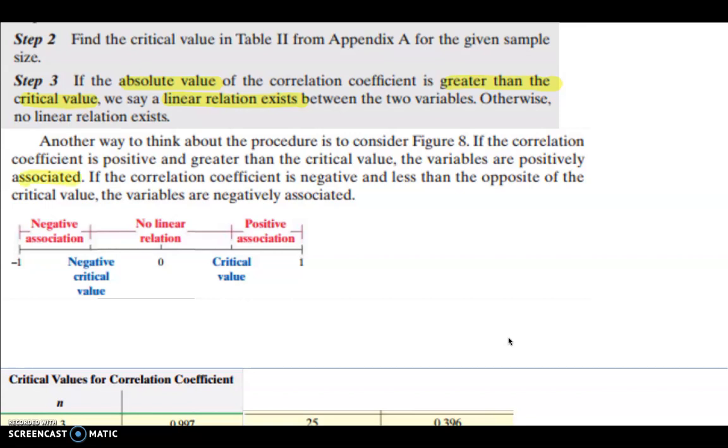If the correlation coefficient is negative and less than the opposite of the critical value, the variables are negatively associated. If we've got our critical value, say right here, anything that falls below or above is more extreme, either more negative or more positive, and that tells us there is a linear relationship between these two variables.